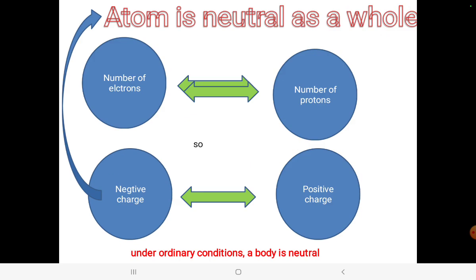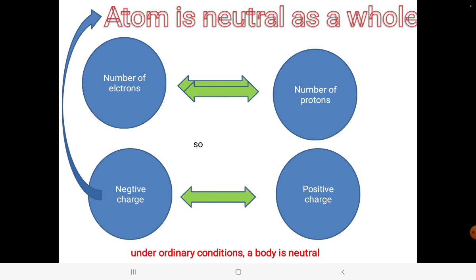Next, the atom is neutral as a whole. The atom has a neutral charge, not always, but in normal ordinary conditions it has a neutral charge. Here the atom is neutral as a whole. As I said, neutrons have no charge, and there are some protons.